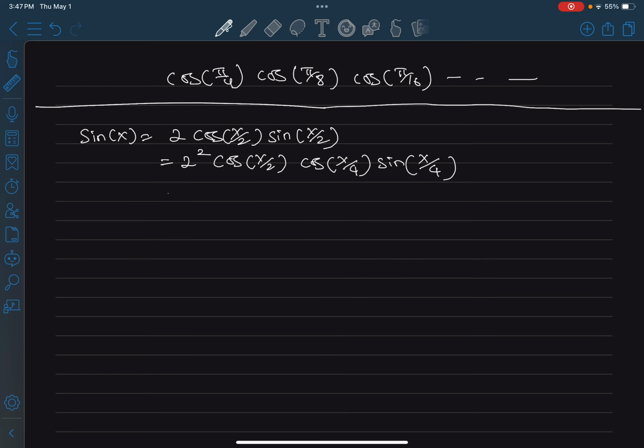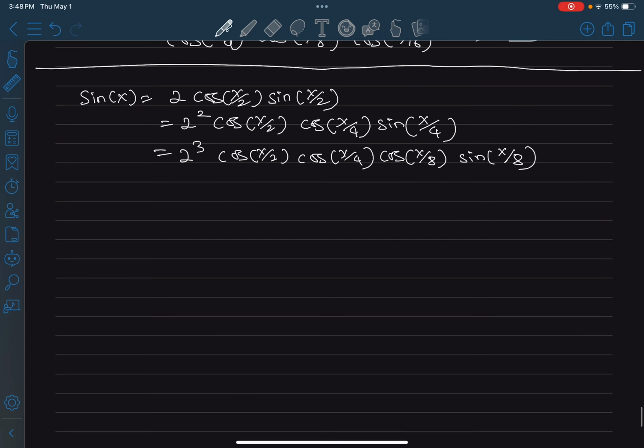Again I can break sine x by 4. That gives me 2 cube cos x by 2 cos x by 4, again here cos x by 8 with sine x by 8, right? And I can go on, right? So right now I have 2 cube cos x by 2 cos x by 4 cos x by 8, and this is sine of x by 2 cube, right?